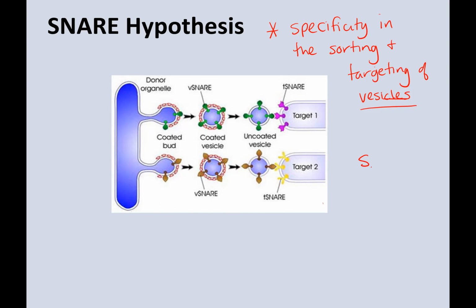And the first one are these SNARE proteins. Okay. And there's V-SNARE and T-SNARE.